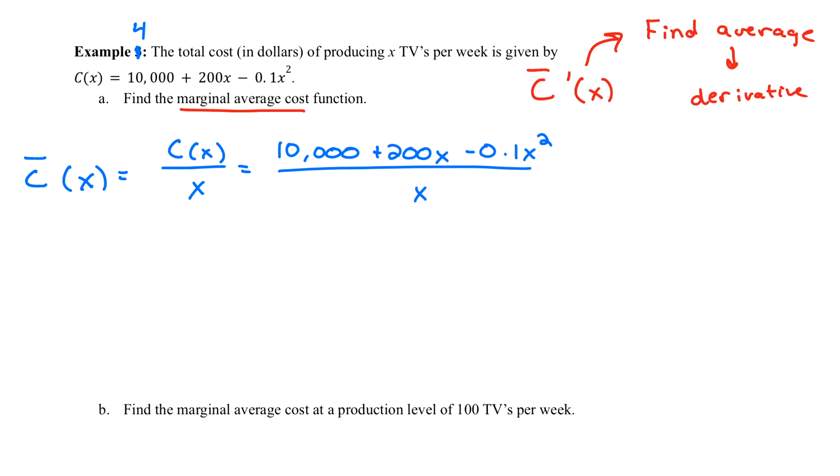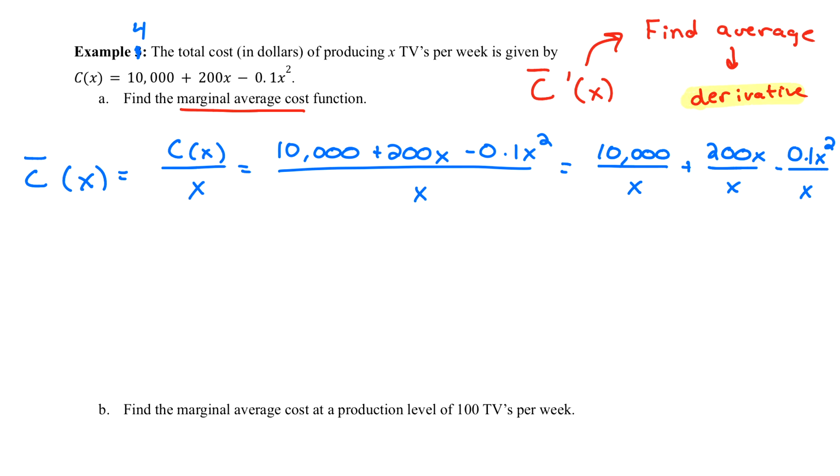So I'm going to rewrite this as 10,000 divided by X plus 200X divided by X minus 0.1 X squared divided by X.